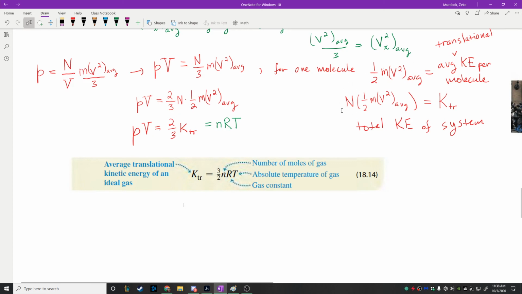You multiply by N, and now you get the average translational kinetic energy. It's the whole gas, though, right? I'm really confused by this word average now. It feels like it should just say translational kinetic energy of an ideal gas. What am I thinking that's wrong?